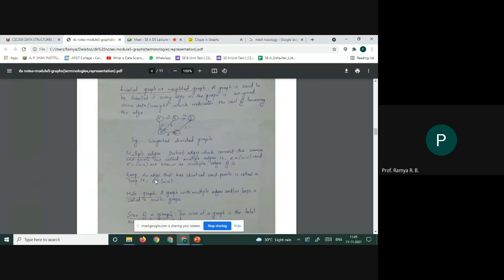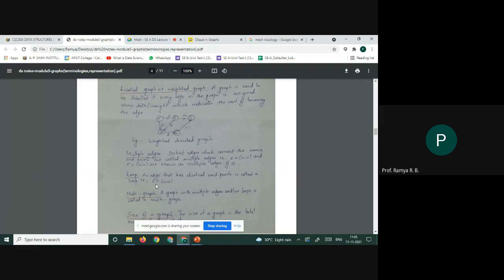Okay. Now loop, you know what is meant by loop, right? Suppose there is a path from vertex A to vertex A itself. That means a path which starts from a vertex U and ends on the same vertex U. Such a path is called a loop. So an edge that connects identical endpoints is also referred to as a loop.